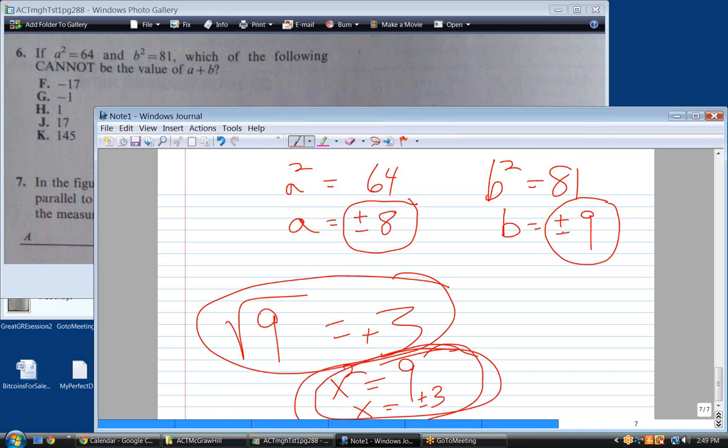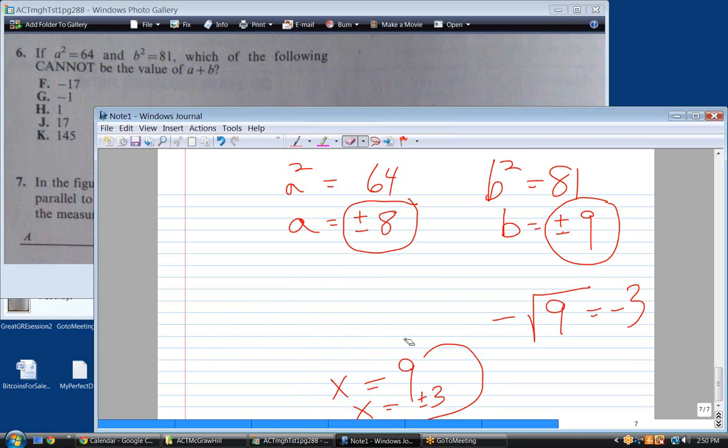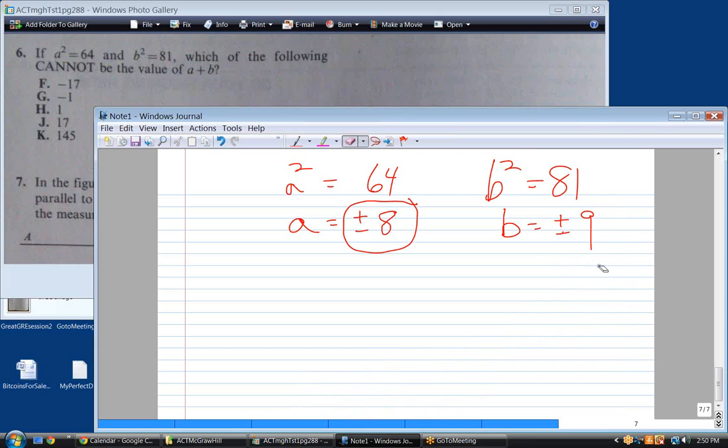If I want minus 3, I've got to do this. But if I'm solving an equation where I'm taking the square root of both sides, always remember plus or minus should be the first words out of your mouth, as is evidenced by this problem.